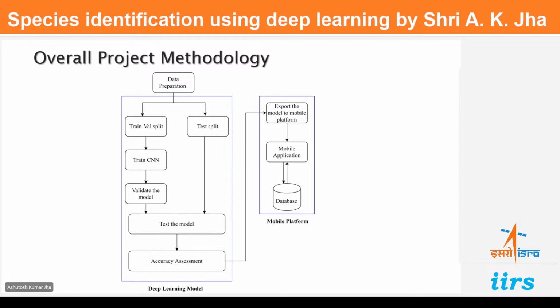We watch that there is no higher divergence between the validation and the testing data sets. As soon as the divergence increases, we stop at that point and take the model generated for final representation. After doing an accuracy assessment, we convert it into a mobile-compatible platform, and we can then import it into different mobile applications. Information can be put in the mobile applications, and later, based on that, we can generate a new data set, and finally that can be posted onto the portal for collection and further validation and studies.